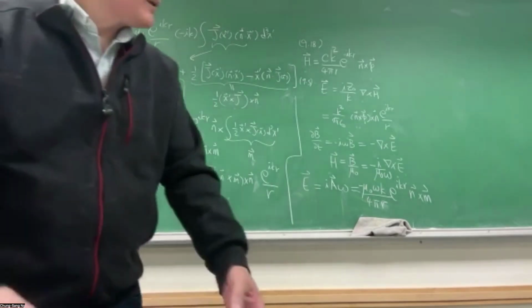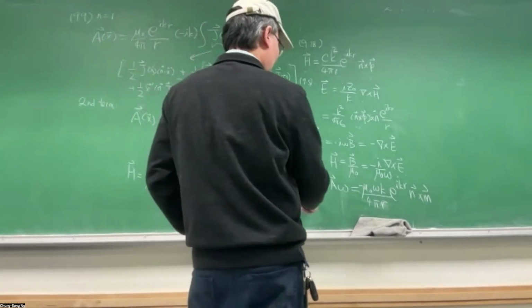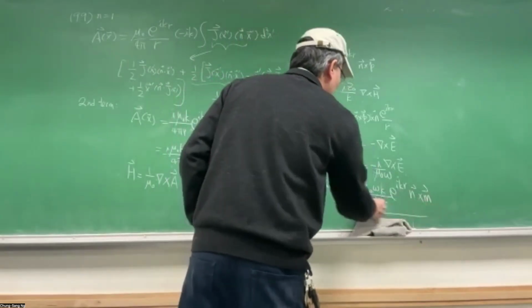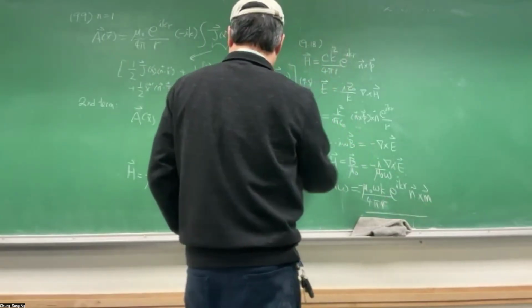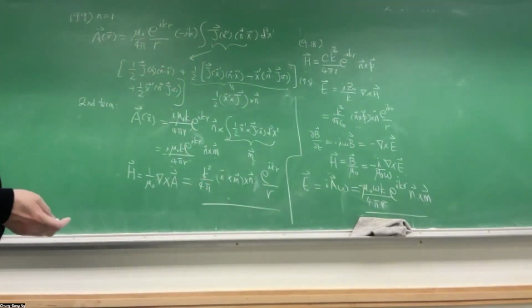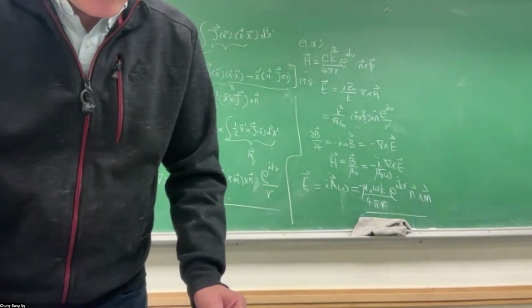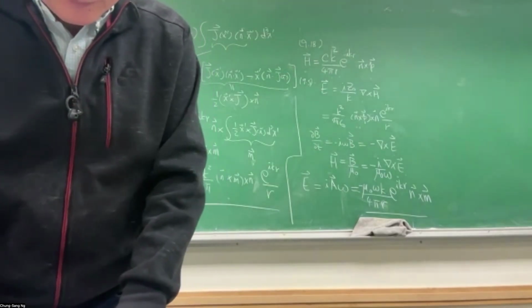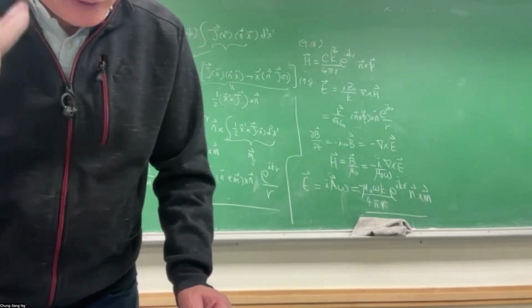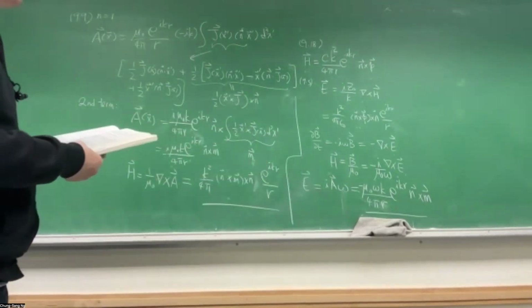Okay, now we have everything. We have E and H. And because of that, we can calculate dP/d omega.